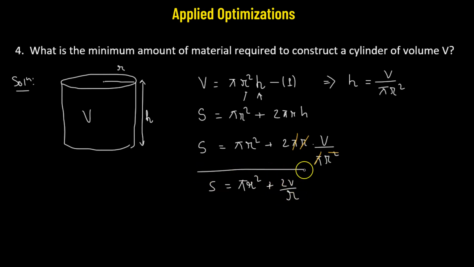So now we can see that the surface area of the cylinder is entirely a function of the radius r. So let this be equation number 3 and the height be equation number 2. Here I've missed a value 2. The surface area is 2 pi r squared. So this is 2 and this is 2 as well. Okay, now we'll try to minimize this surface.